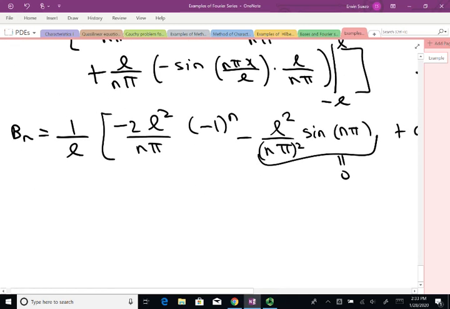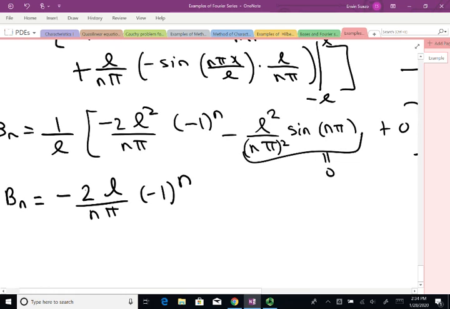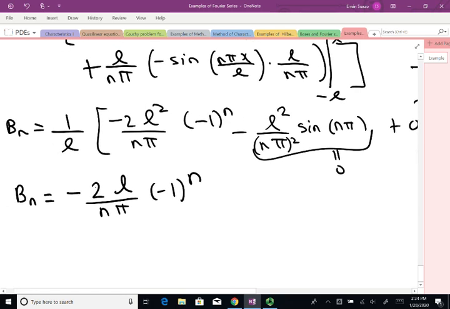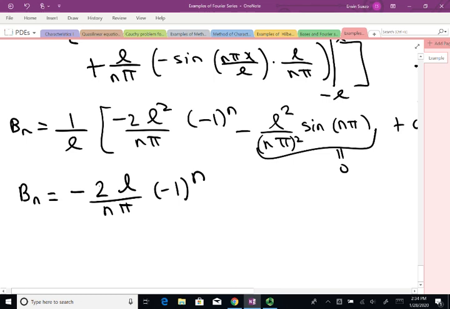So my final answer is b sub n equals minus 2L over n pi, minus 1 to the n. Or in another way, 2L times minus 1 to the n plus 1, divided by n pi.